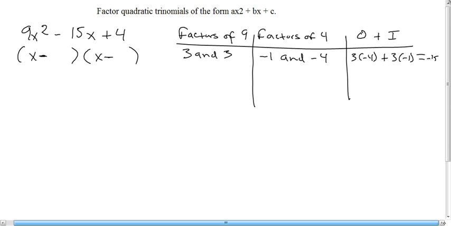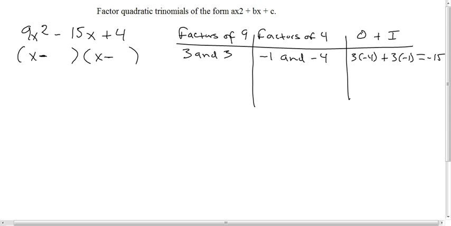Let me put this over some, to make that a little bit easier on the eyes. Okay, negative 15. Now let's take a look at how we adjust that.